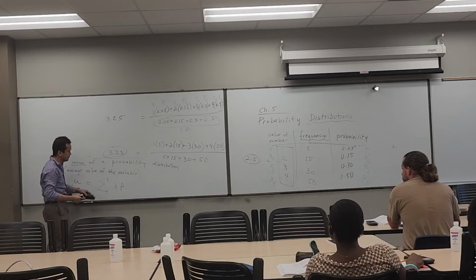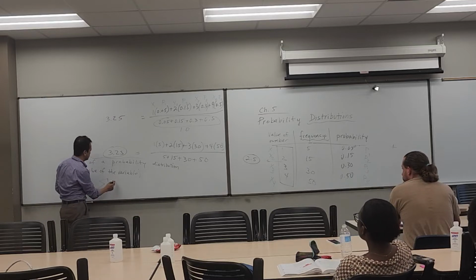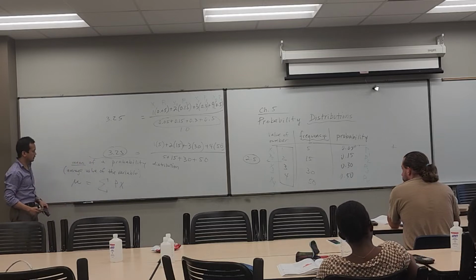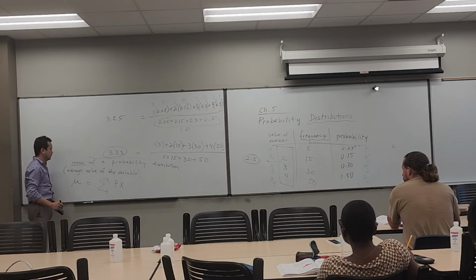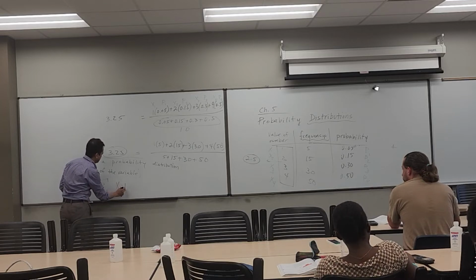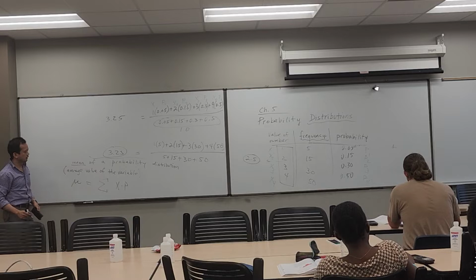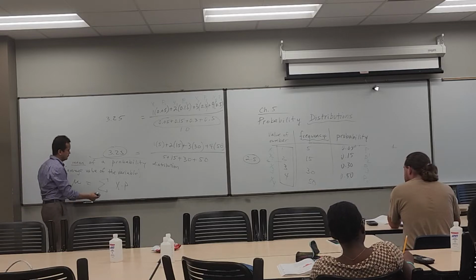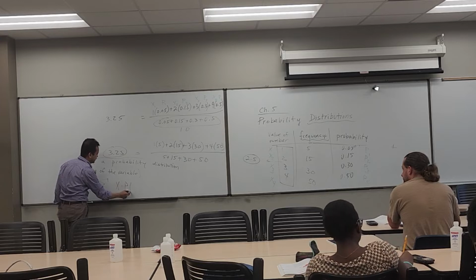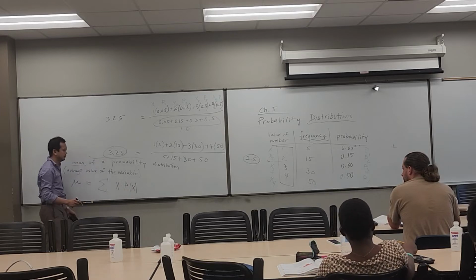Remember, when we multiply, it doesn't matter the order. But the convention is to list, well, I'll leave it as xp. So sum up all x times p, and we're going to specify that by saying p of x, the probability of that x.